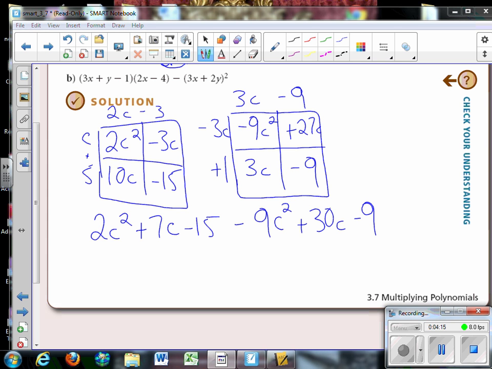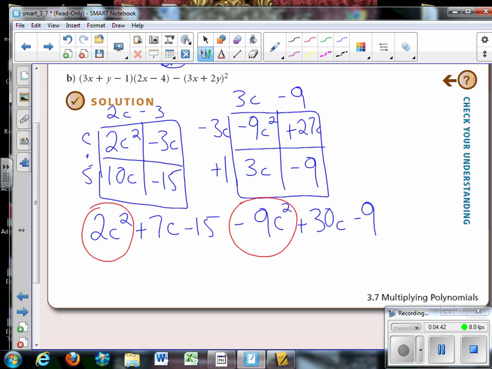Okay, so now we're going to come back and collect like terms. As you can see, when we solved here, we have our c squareds, we have our c's, and we have our constants, which are the two numbers minus 15 and minus 9. As I've started with polys, I always like to use a different color, so I'm going to circle the c squareds and add those together.